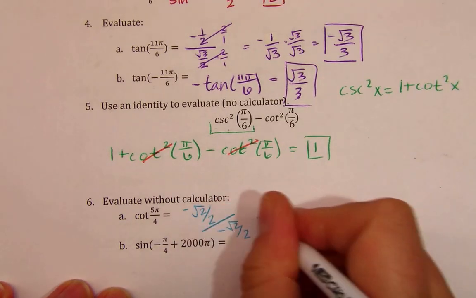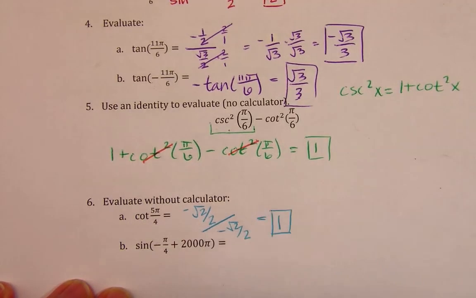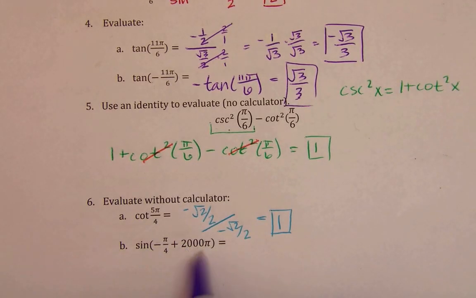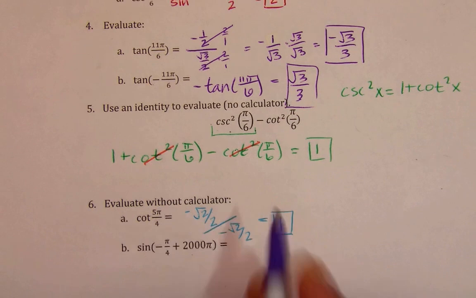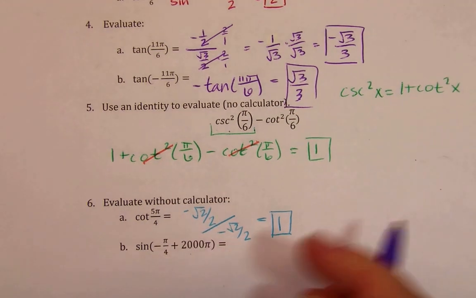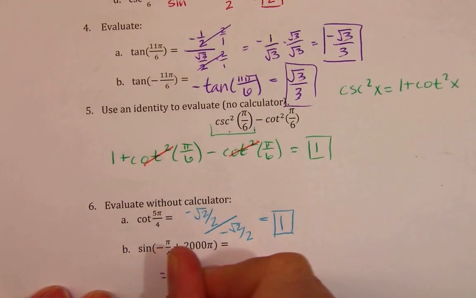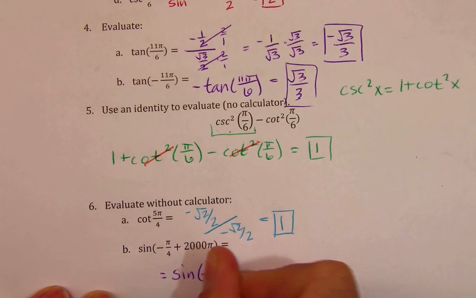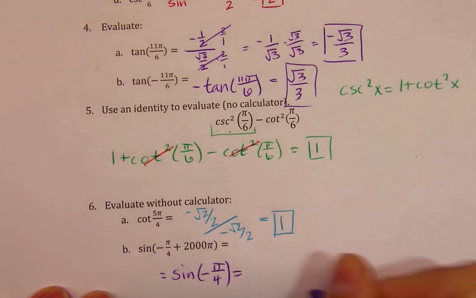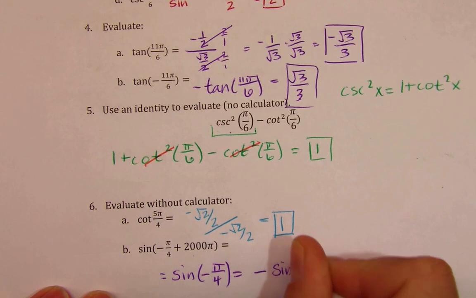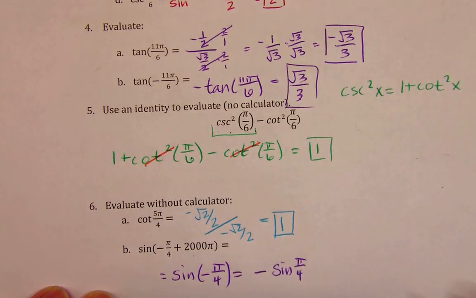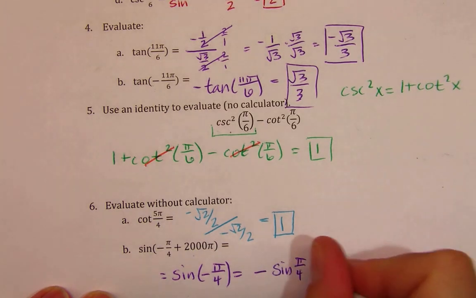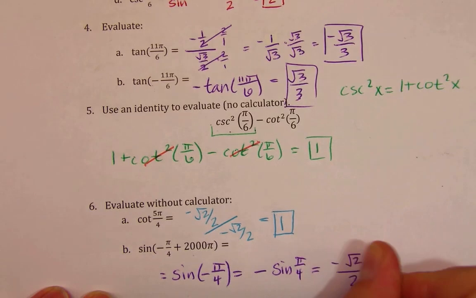Well, anything over itself is just 1. And looking at the next one, sine of negative pi over 4 plus this huge value here, this is a multiple of 2 pi, so I can just get rid of that. This is going to be equal to sine of negative pi over 4, which is equal to negative sine of positive pi over 4. Sine of pi over 4 is root 2 over 2, so this is negative root 2 over 2.